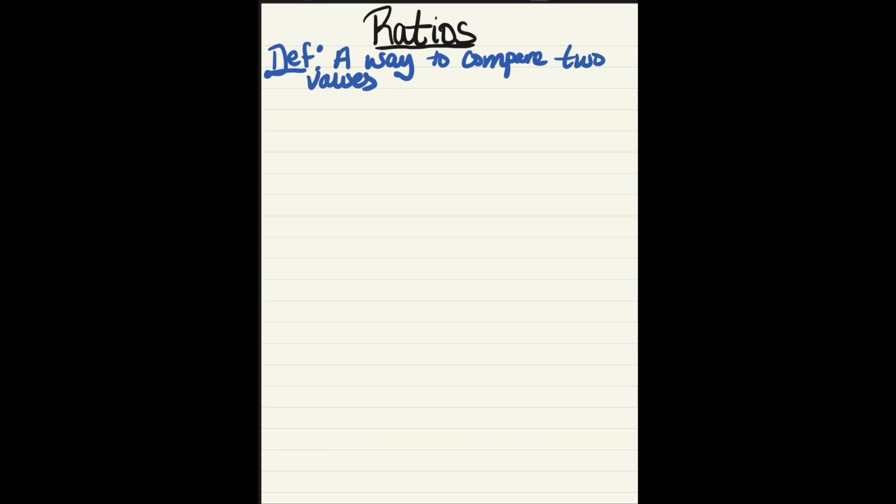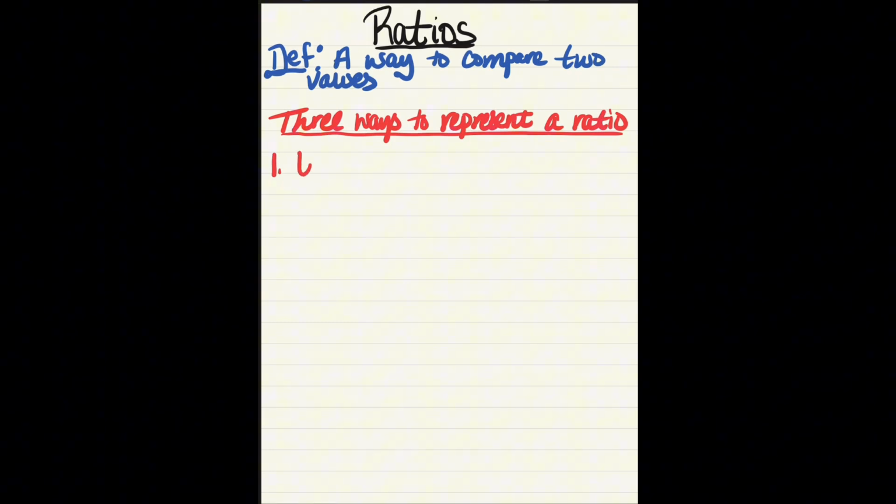So next, there are three ways to write or represent a ratio. Okay? So one way you can write a ratio is using a colon.